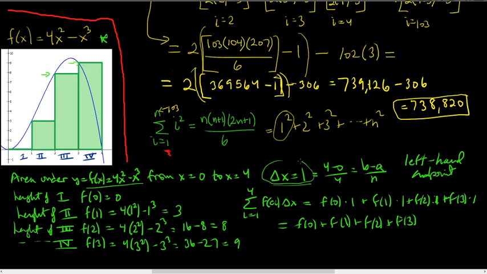What made this easy is the fact that the width is 1. When delta x is something else, like 1/2, or 3, or 2.5, then you're multiplying all these by that delta x. So this is 0 plus 3 plus 8 plus 9. So I guess that's 20. That's the area of these rectangles.